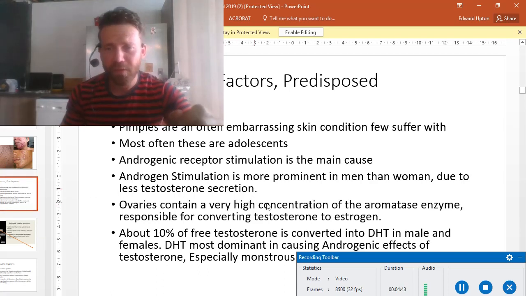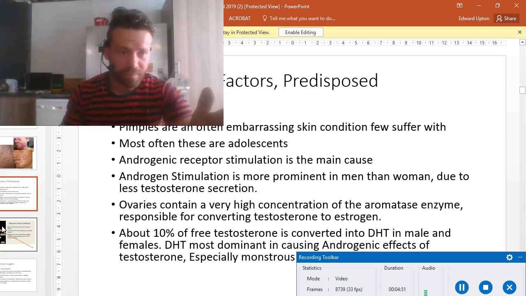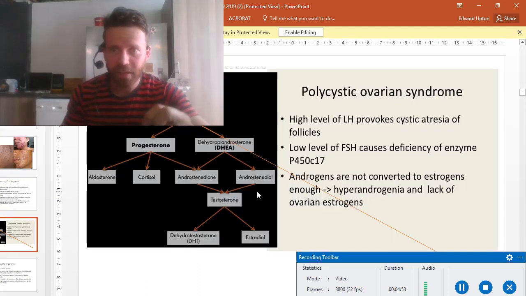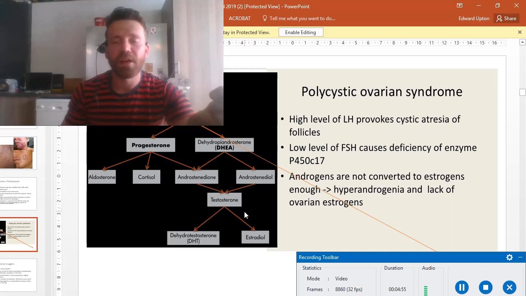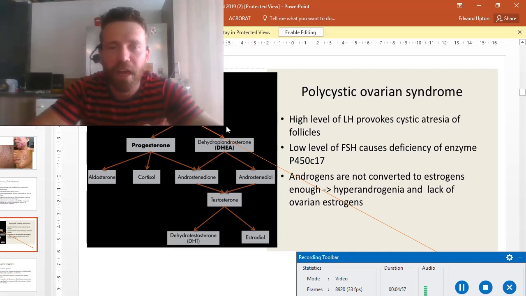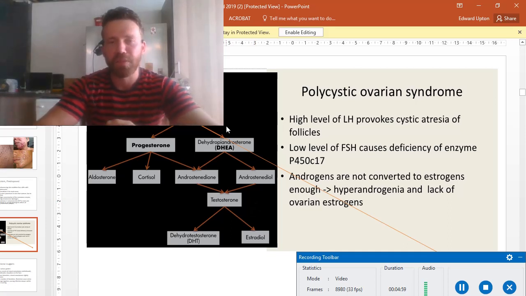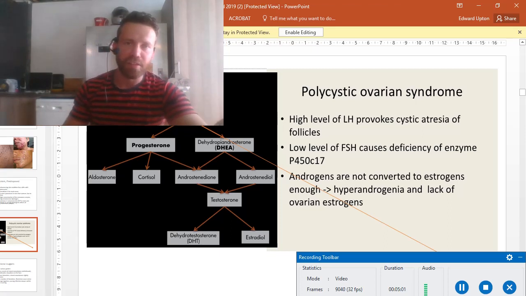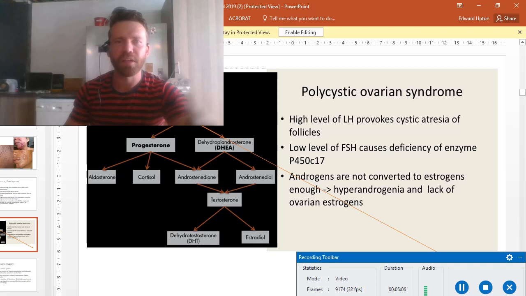There is a little bit of information, just for interest's sake, about the aromatase enzyme that converts testosterone to estrogen, and I think I've discussed most of this already. This slide here, don't worry about it. It was basically about how estradiol is made, and the only reason I put it here is to show you just how similar testosterone and estradiol are to each other, or how similar all hormones in our body are made.